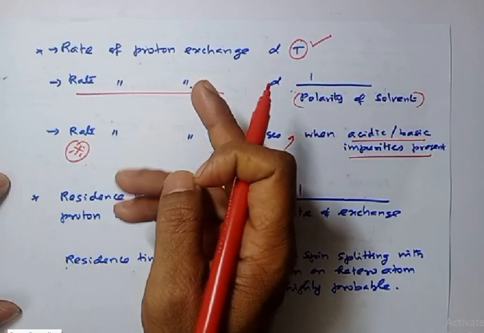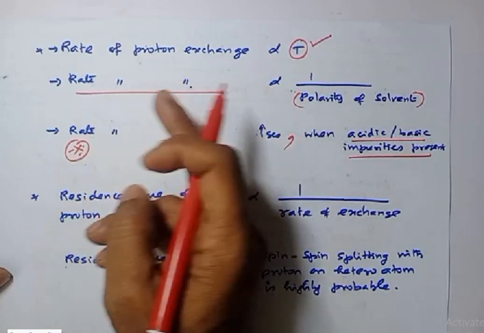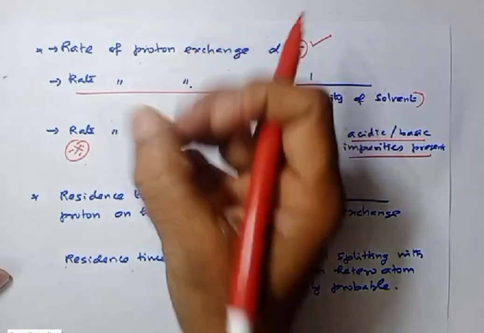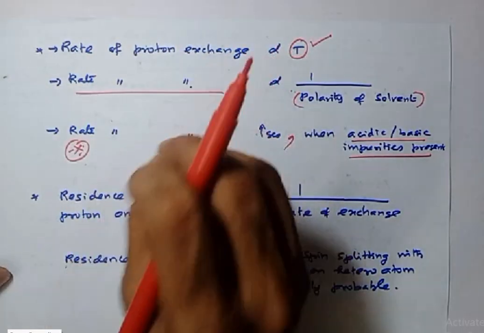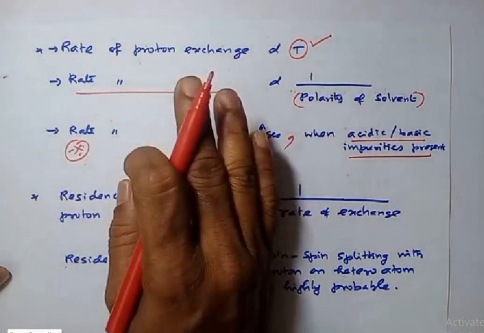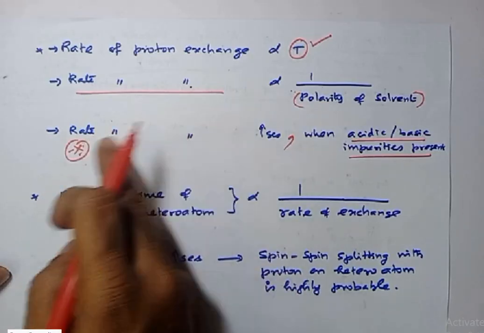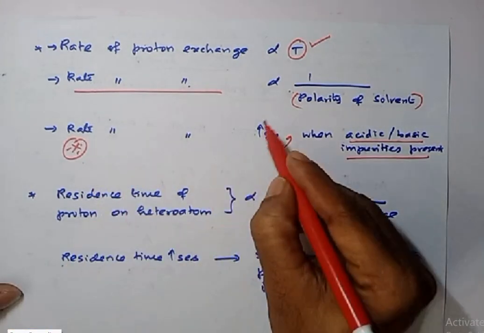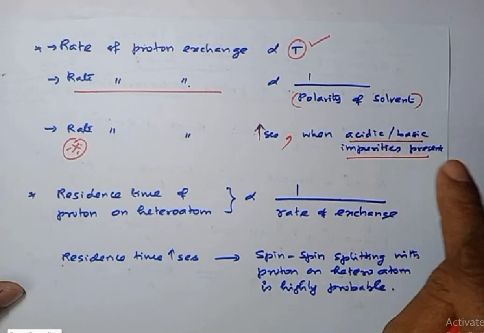In pure alcohol, there are no impurities, so the exchange of proton occurs a little slowly. Commercially purchased alcohol usually contains acid or basic impurity. The presence of acid or base increases the rate of proton exchange. Very important.